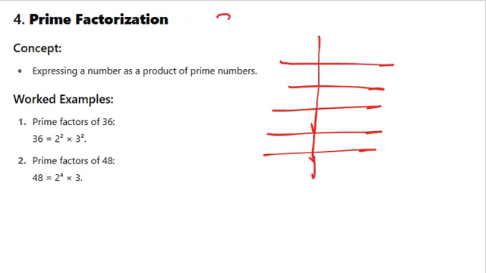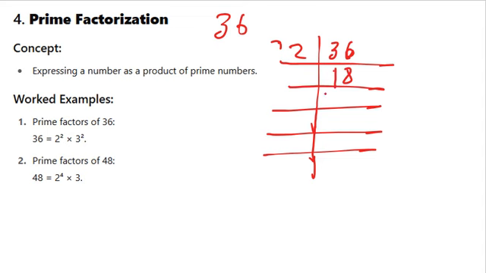Let's pick a number like 36. You usually say 36 here, right? And you ask which prime number can divide 36. Let's say 2. Pick 2, and 36 divided by 2 gives you 18.